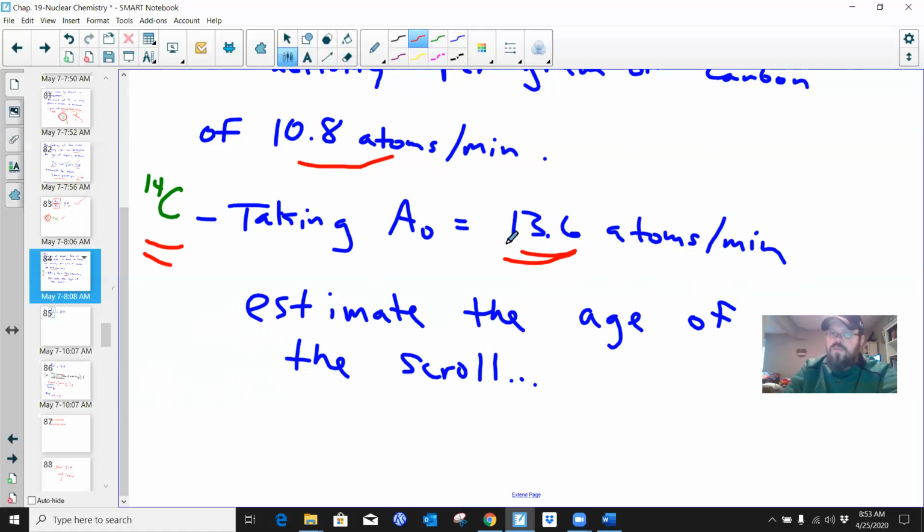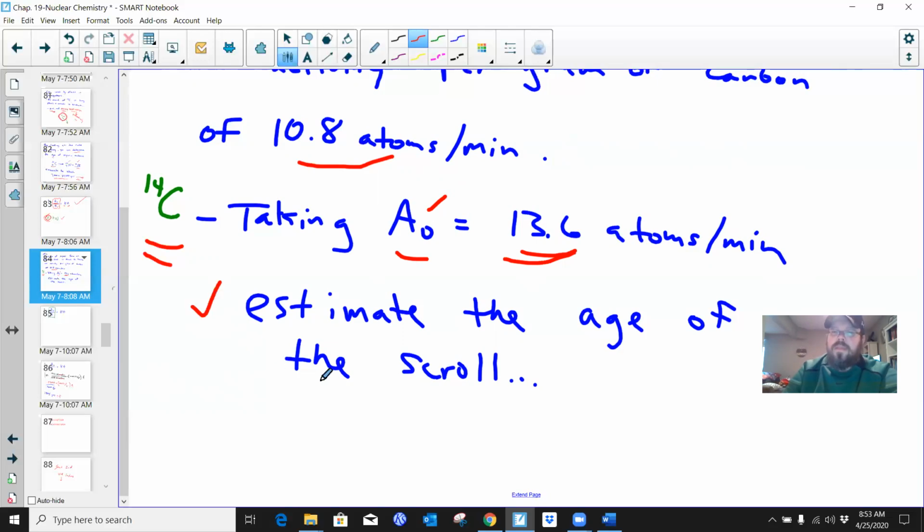So the activity at time 0, when the plant material that was used to make this ancient piece of paper was alive, was a rate of decay giving off an activity of 13.6 atoms per minute. Now, through time it has gone down, because carbon goes through half-lives every 5,730 years, and you have less and less of it.